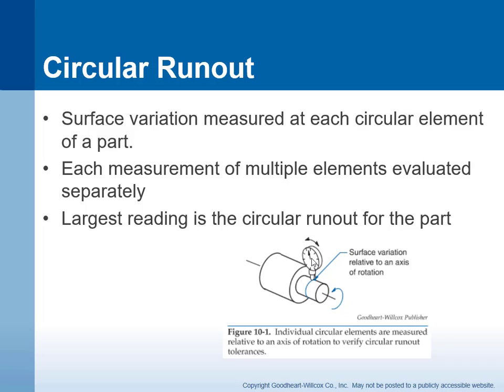We leave the indicator at one position and do a full rotation. Then I would move the indicator down the shaft, leave it in that position, and give it a full circle rotation again. So I have multiple measurements along the surface, but each time the indicator is at the same spot. That's what they mean by circular runout.